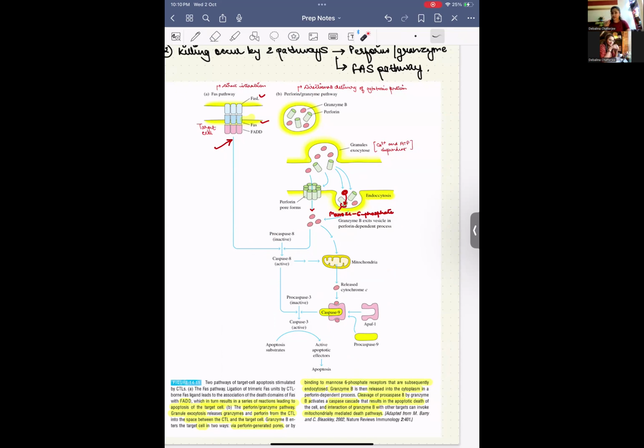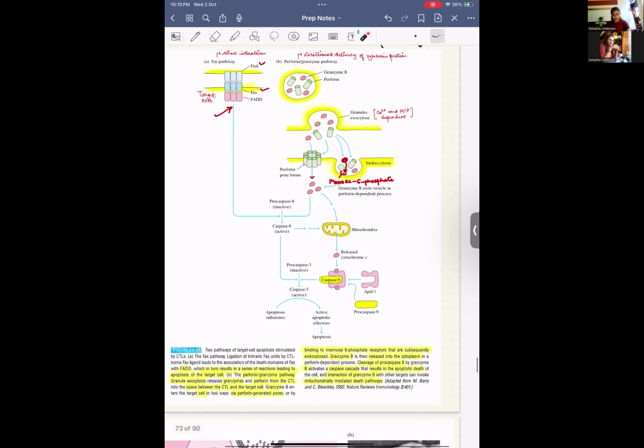They lead to formation of pore-like structures on the membrane of the target cell, and eventually through it we have passage of certain other molecules, the granzymes, which trigger the cells for apoptosis. So that is the response of the humoral immune system and of the cell-mediated immune system.